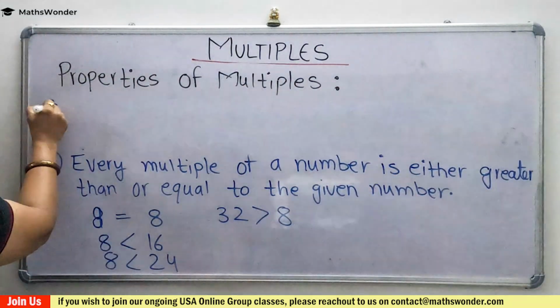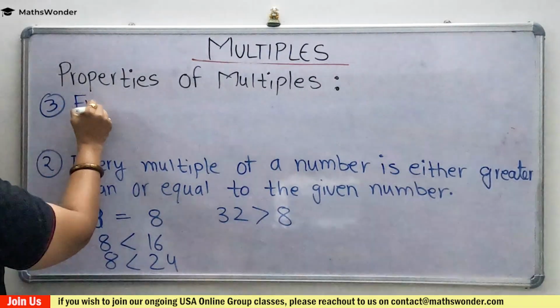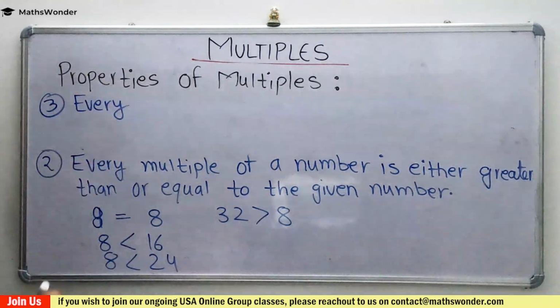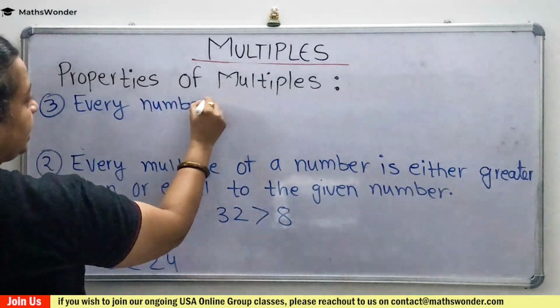Now third. In factors, we have a finite number of factors, right? But the number of multiples of a given number is infinite. The multiples do not end. You can write it in simple words: every number has an unlimited number of multiples.